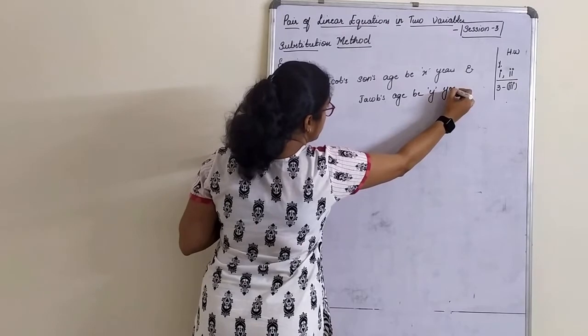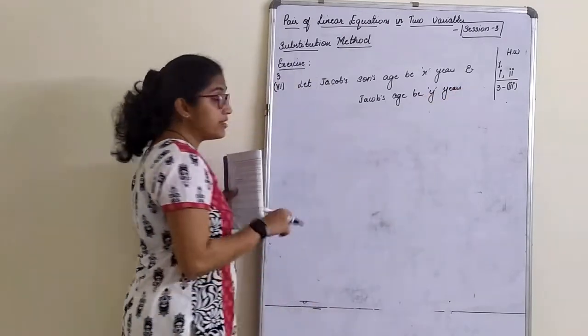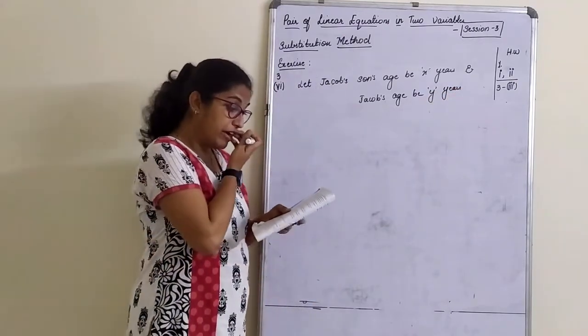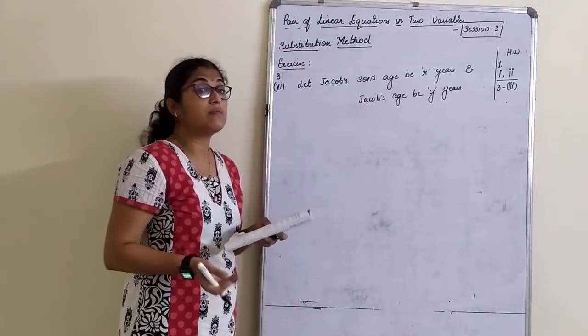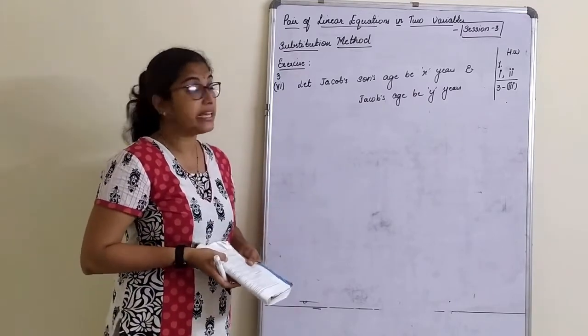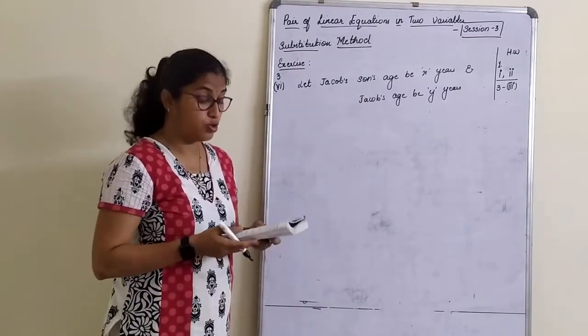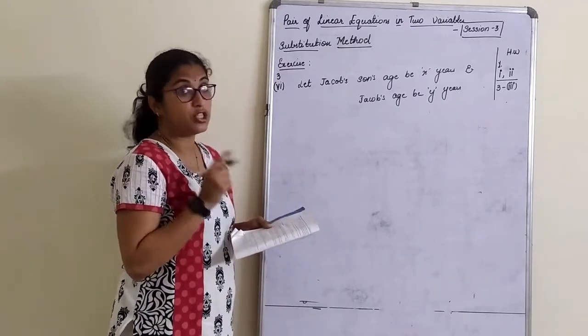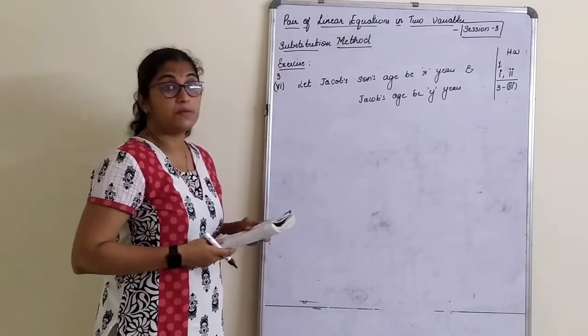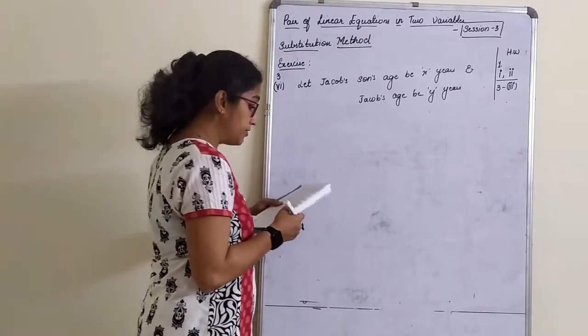Now you have to take first age as Jacob's son's age only. Why? Because 5 years hence, Jacob will be 3 times that of his son. If you know his son's age, Jacob's age we can find out. So first should be Jacob's son's age x years and then Jacob's age as y years.